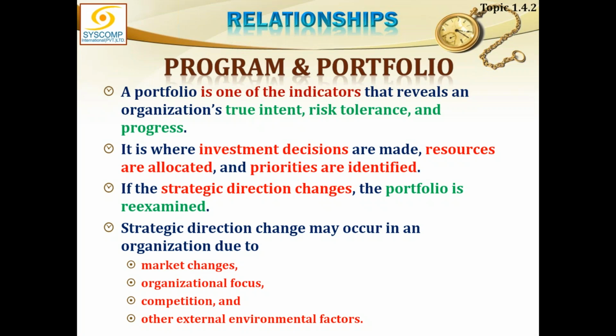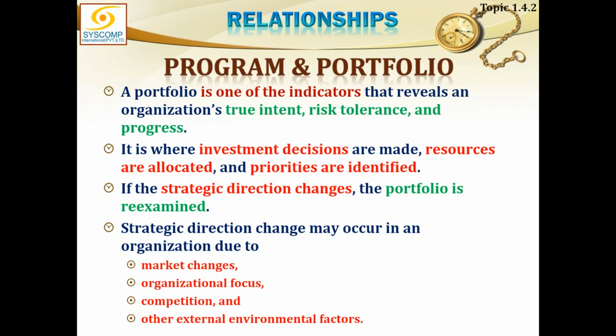If the strategic direction changes, the portfolio is re-examined. You see, at any point in time, if the organization strategy changes, the portfolio is the first thing which changes along with the strategy. It immediately launches into re-examination and realignment of the portfolio with the new organizational strategy, and thus re-evaluates all the projects and programs within the portfolio as to whether they are still fit to be run under the new strategy.